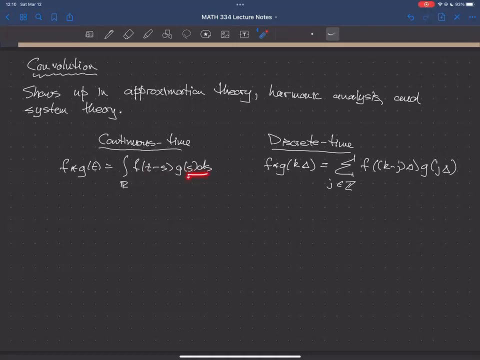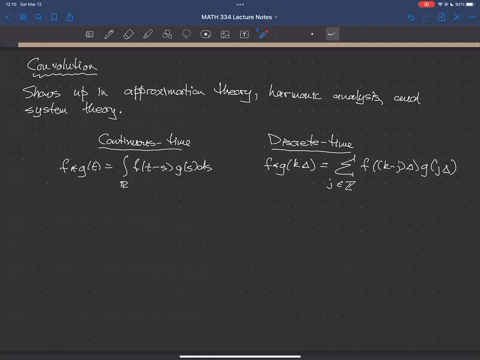So remember here that the integration variable is s. Okay. And so with respect to the integration variable, we're flipping time, okay, because it's minus s here in the argument of f, okay? So f is having its graph flipped and translated by some t, okay?